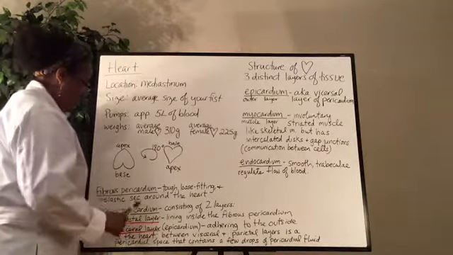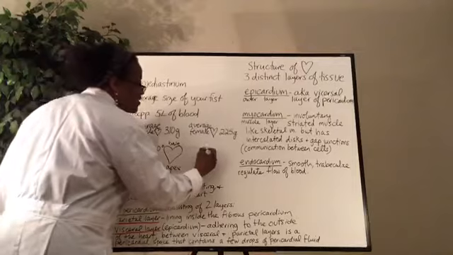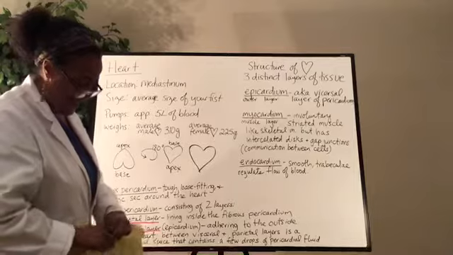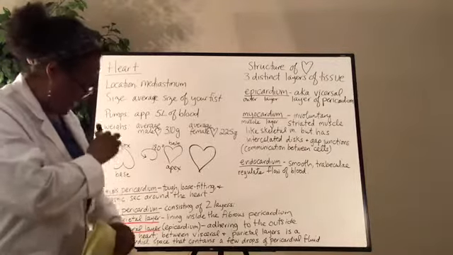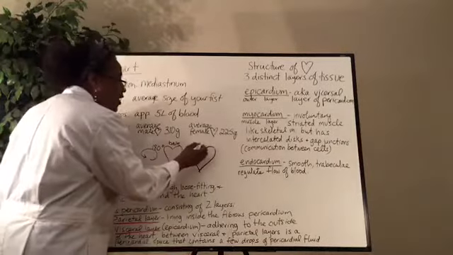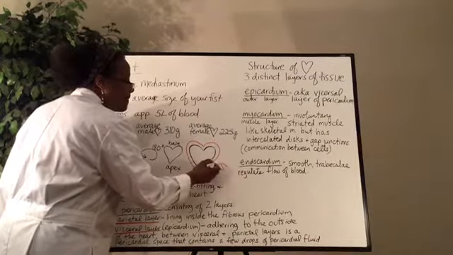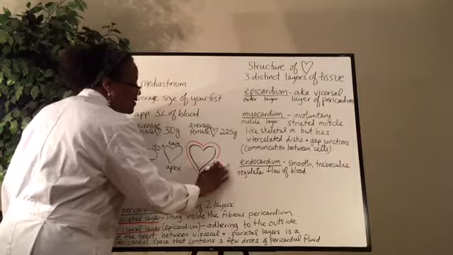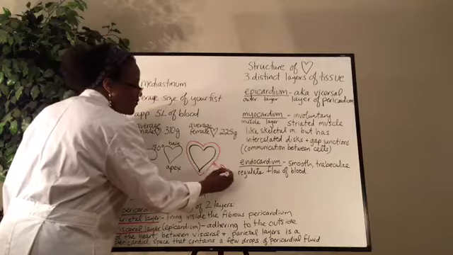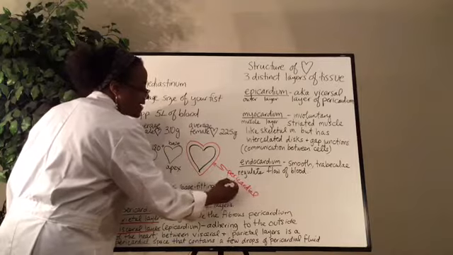All right, so the heart, just so you'll know, has a pericardial sac. So let's just draw a heart here. And I just want you to know the heart doesn't really look like that. We're just drawing it like a Valentine, just because we can. All right, so the heart is encased in a pericardial sac.